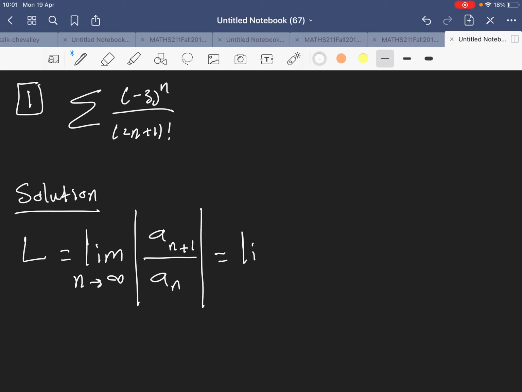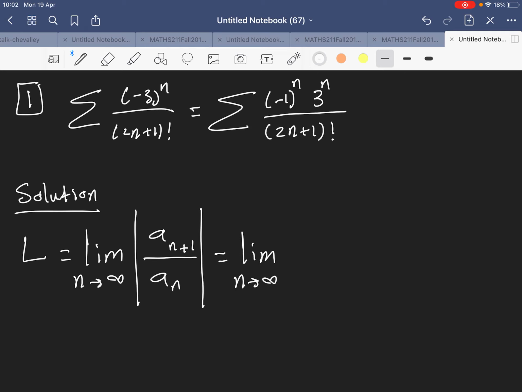Equal to the limit. Now, before I find the limit, this one is an alternating series, because if you take the (-1)^n and the 3^n, it's clearly alternating, and the absolute value will give me the positive part. Now, as we said, down here we have to write a_n as it is.